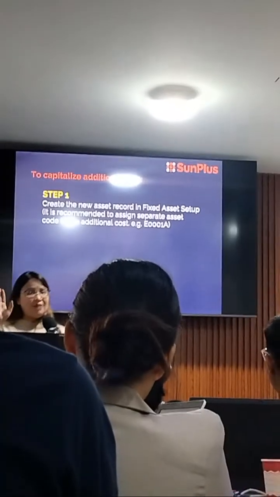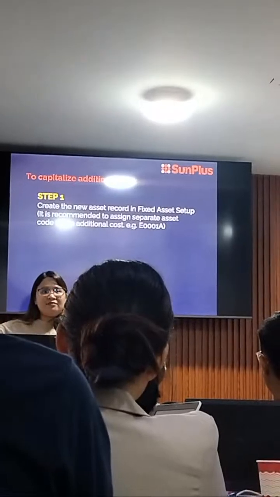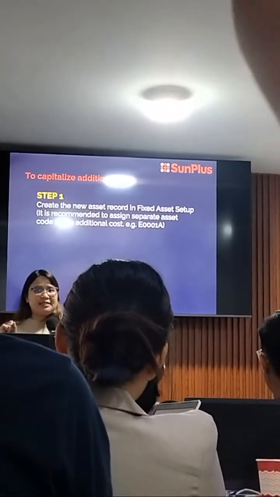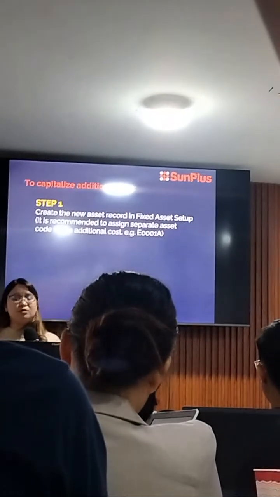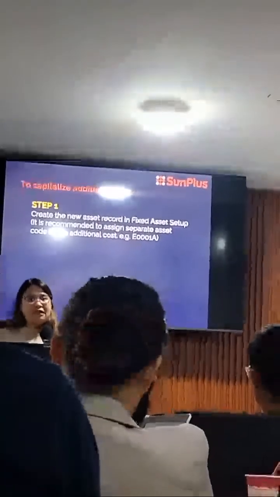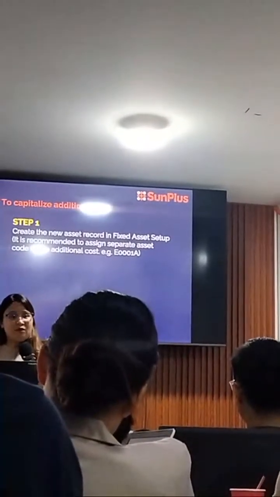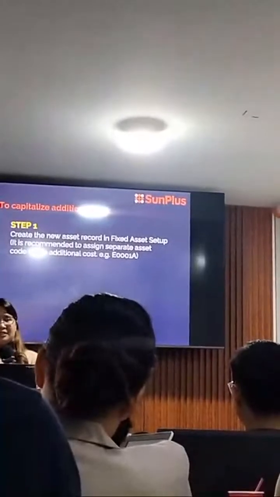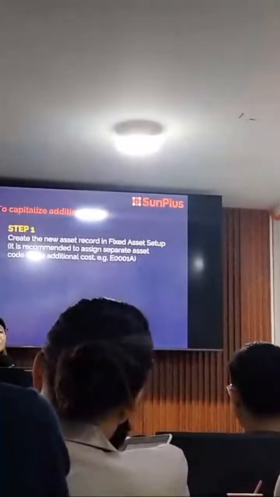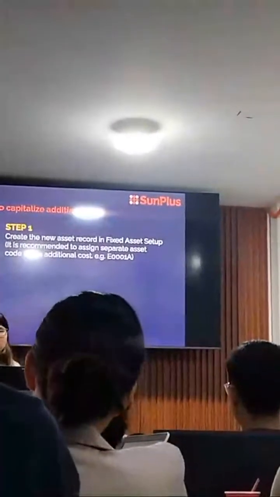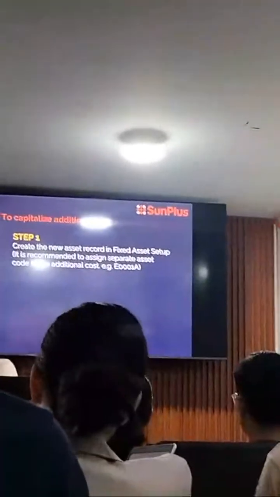If you have a building with a 50-year useful life, after 10 years you build an annex. Would the annex also have a 50-year life? No, it would only have the remaining life of the main building, which is 40 years. So it would be better to create a new asset code, so we can have a new record.